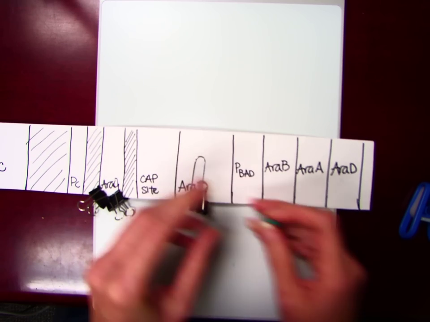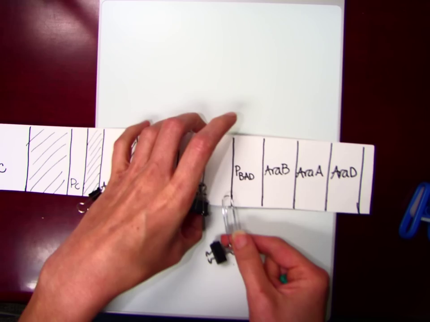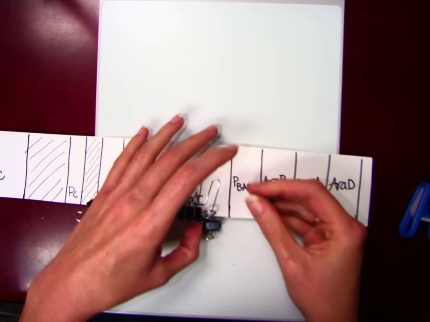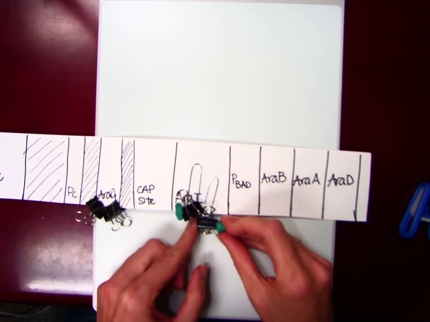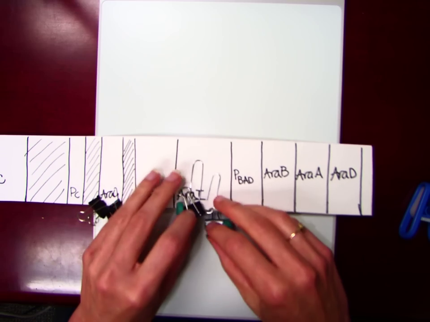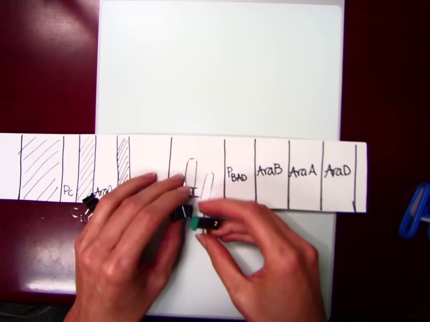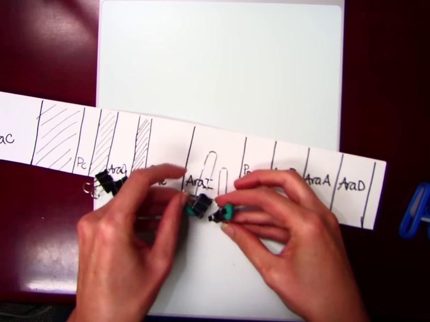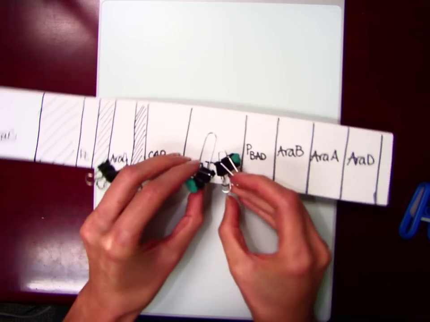We'll put it on the end. And then we're going to have another ARAC bind here. So the consequence of the ARAC changing shape is that now they are more flexible, and so two of the ARAC molecules actually will fit here in the ARAI region, and they will bind to each other.